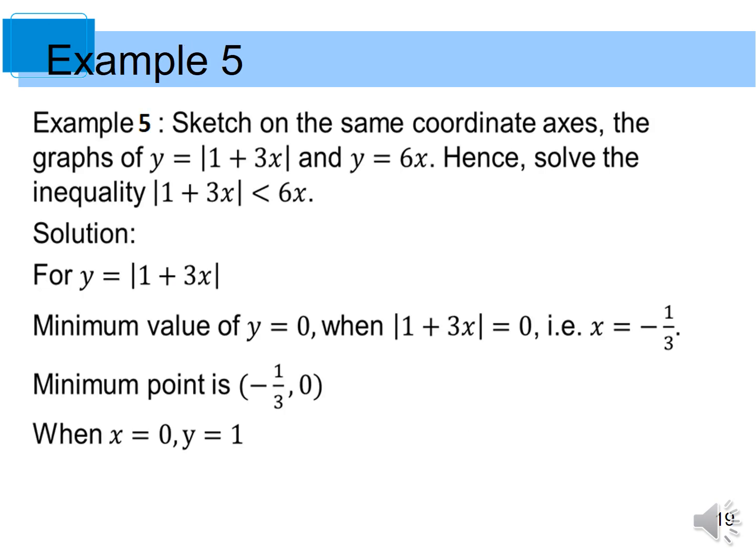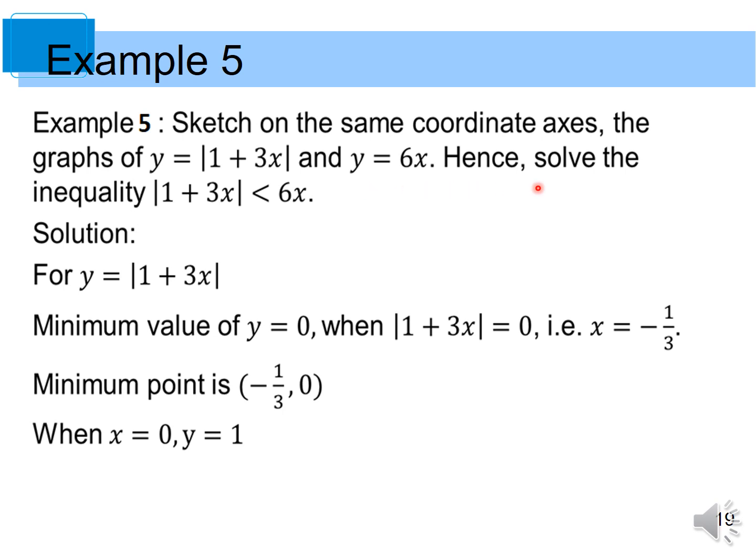Look at this example. This is the third objective: graph solution to absolute function. Sketch on the same coordinate axis the graph of y equal to modulus function of 1 plus 3x and y equal to 6x.